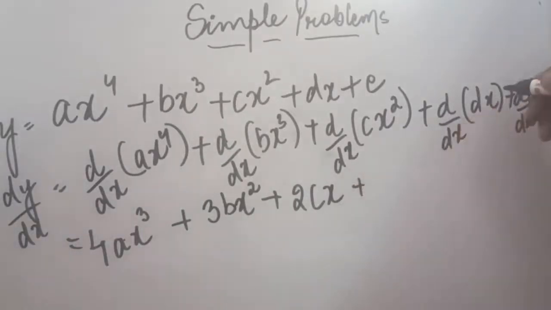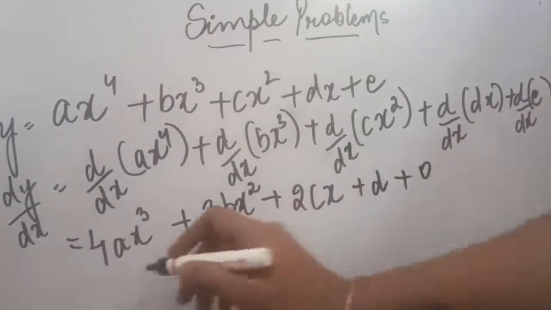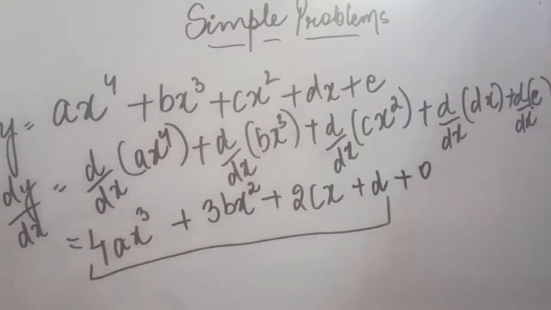Plus here the power is 1, so 1 will come forward, 1 will be multiplied by d, so it will be d, and x power will be 1 minus 1, that is 0, so anything having power 0 is always equal to 1, so it will be d. And last is the derivative of e, that is a constant, which is equal to 0. So this portion will become our final answer of derivative.